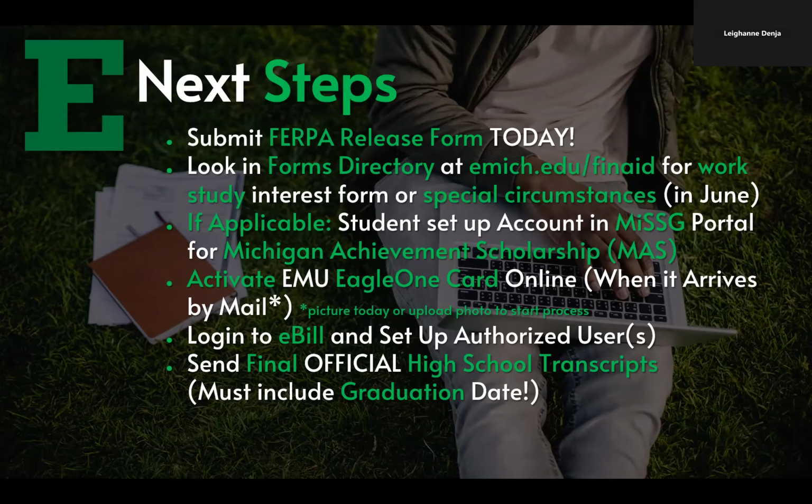So this FERPA release form is really important for you to fill out today if you have a parent, a family member, anyone that you want to advocate or be able to ask questions on your behalf. It's an online form, obviously, if you use the QR code, or you can also fill out an online form by going to our website.